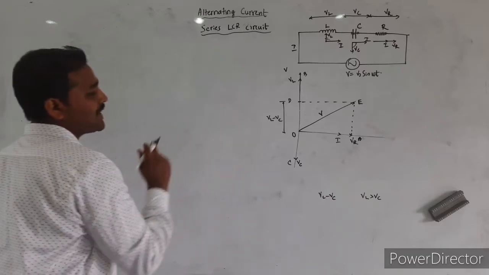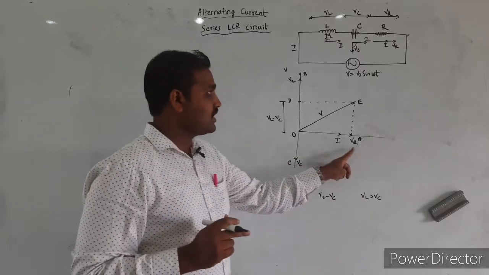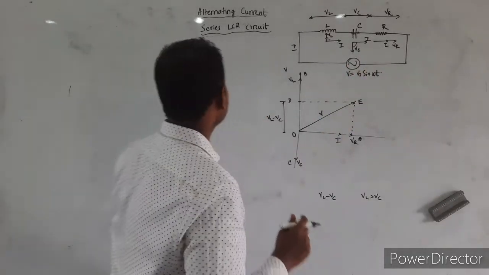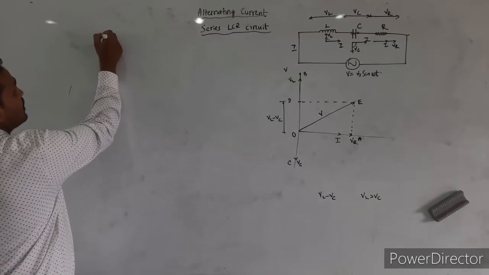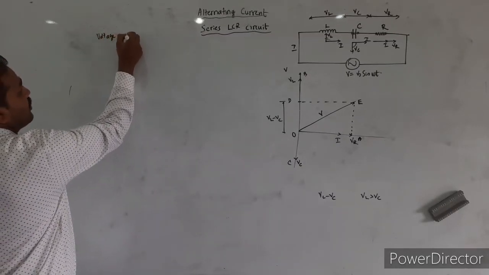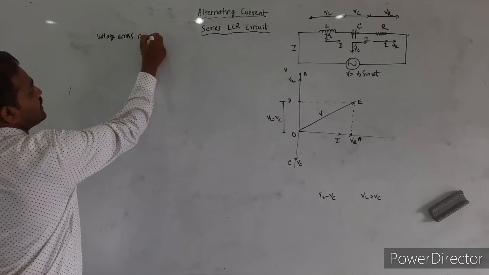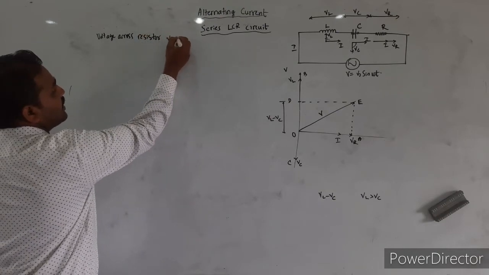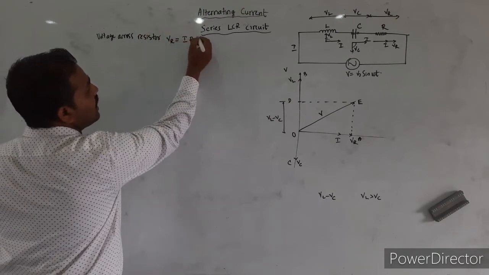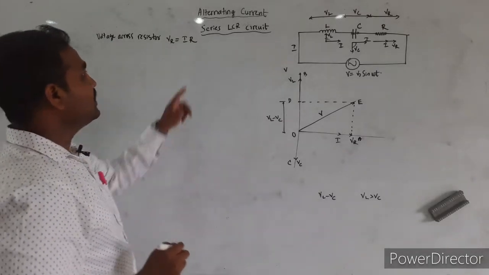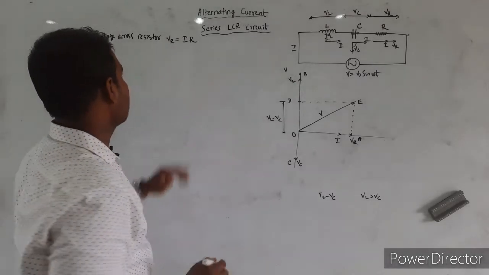To find the magnitude of that, first let us consider the voltage across the resistor. The voltage across the resistor is what? VR is equal to I into R, current into the resistance of that resistor.